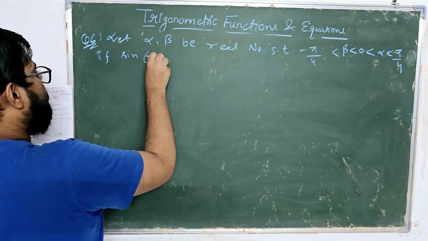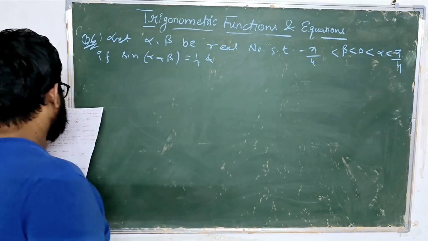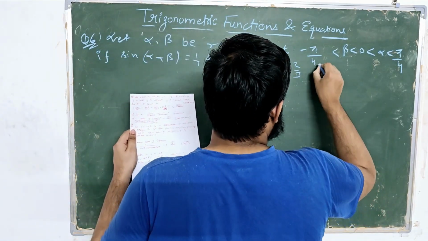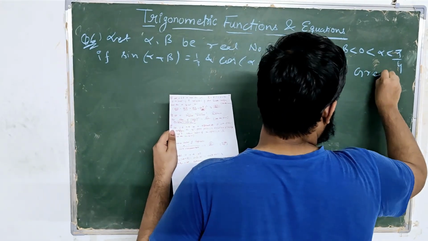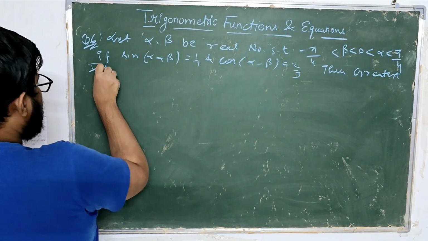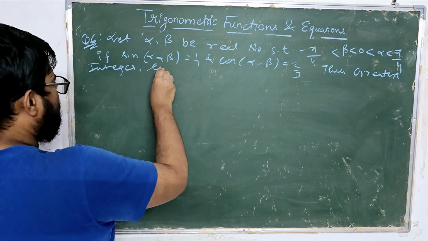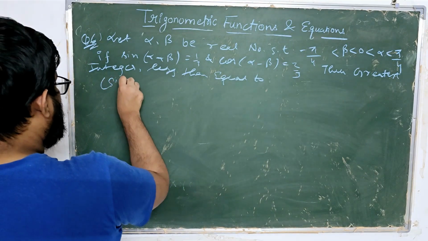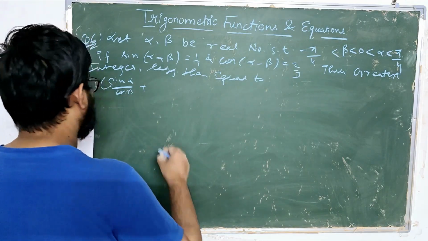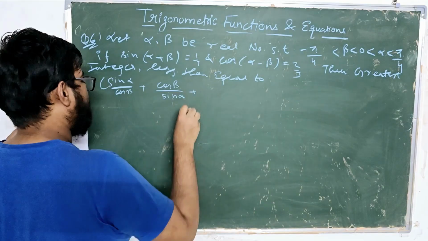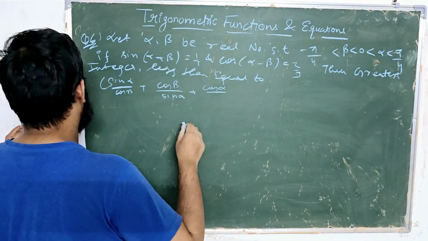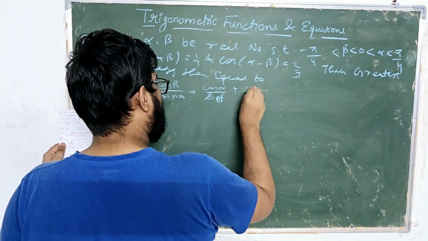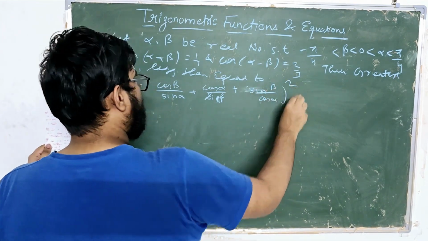If sine of alpha plus beta is 1 by 3 and cos of alpha minus beta is equal to 2 by 3, then the greatest integer less than or equal to (sin alpha by cos beta plus cos beta by sin alpha plus cos alpha by sin beta plus sin beta by cos alpha) whole square will be.